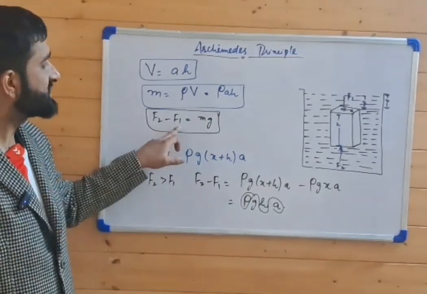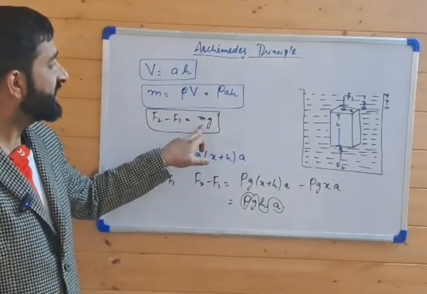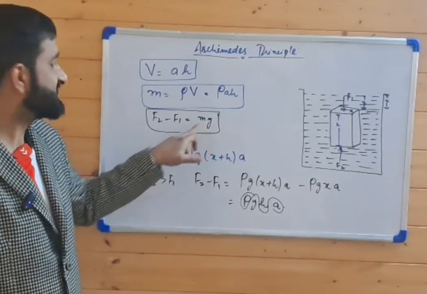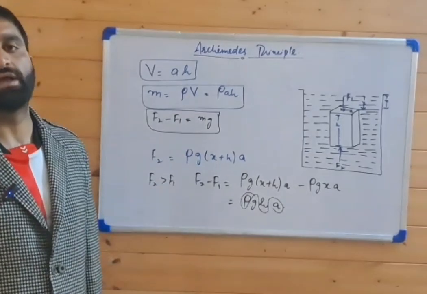Therefore, F2 minus F1 is equal to the weight of the fluid displaced, so F2 minus F1 is equal to mg.